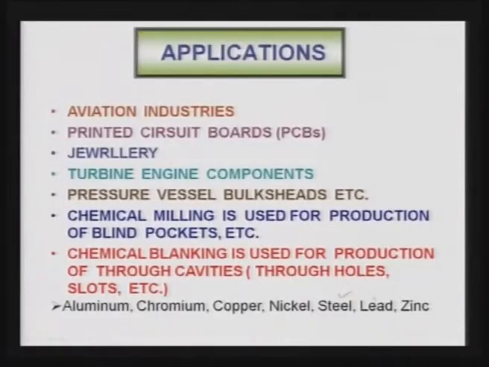Now, for machining these different materials, as you can see here, like steel, lead, zinc, you have to have a different kind of agent which can chemically react successfully with the workpiece material. In the same way, you also have to select appropriately the maskant, which does not chemically react with the agent and the workpiece both.